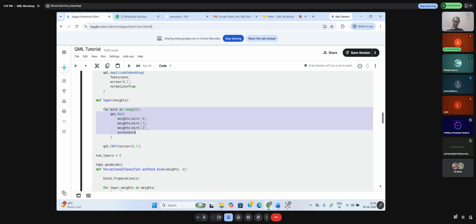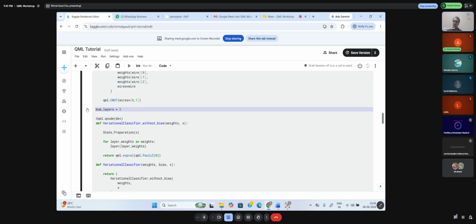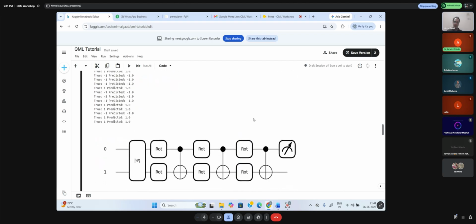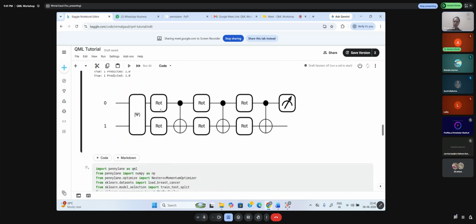And this is done 3 times, because there are 3 layers. That's the architecture.